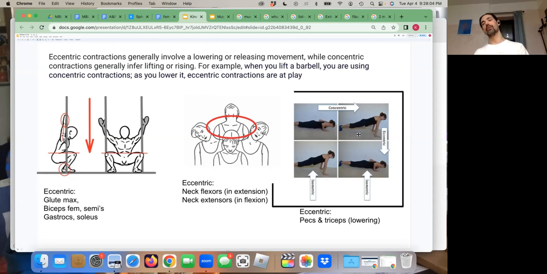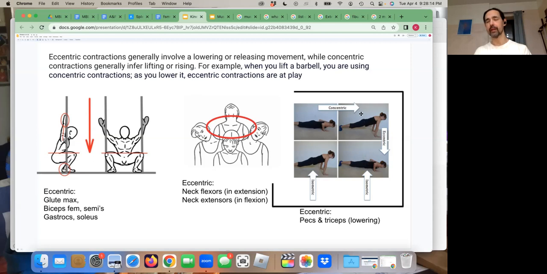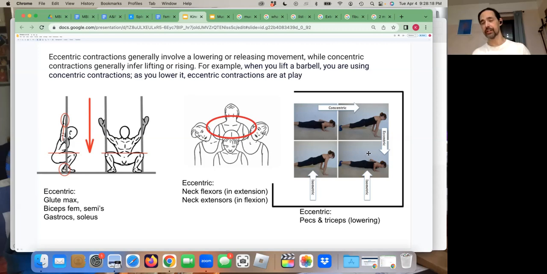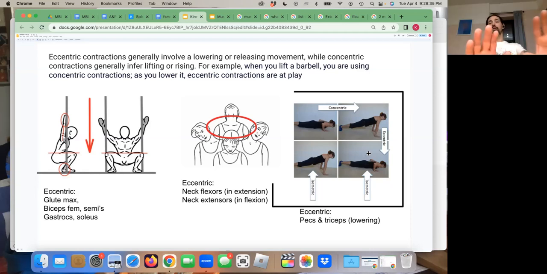Okay, and now lowering down toward the floor. Let's see, which one is that? That's this one here. Top right to bottom right. What's happening there? An eccentric contraction in which muscles? Going from pushing to lowering down, getting ready for a push.